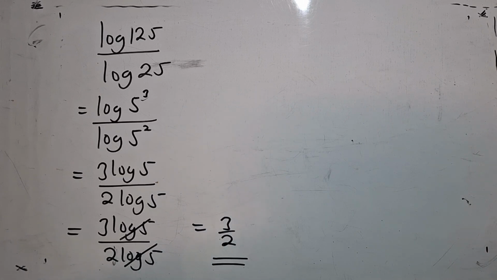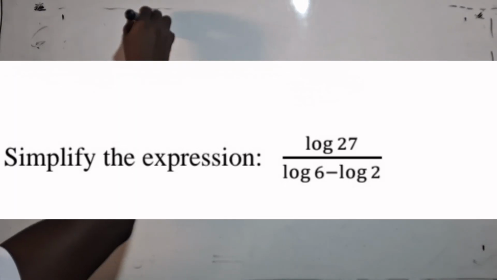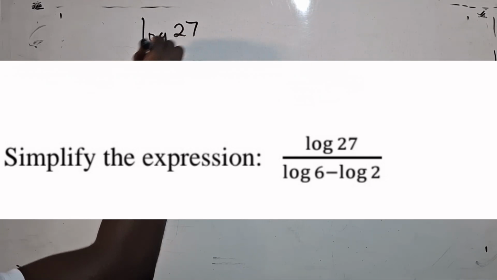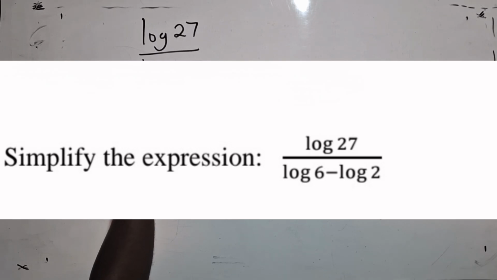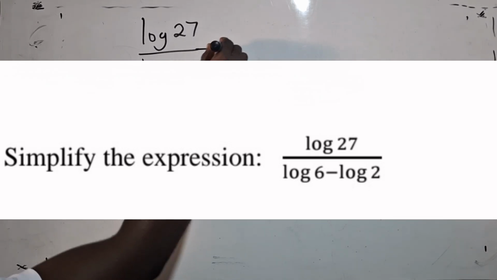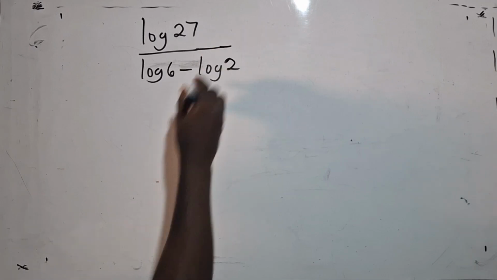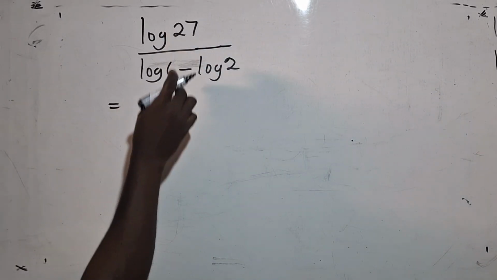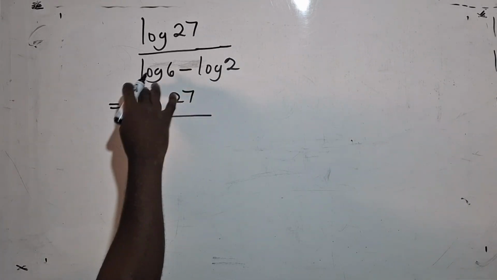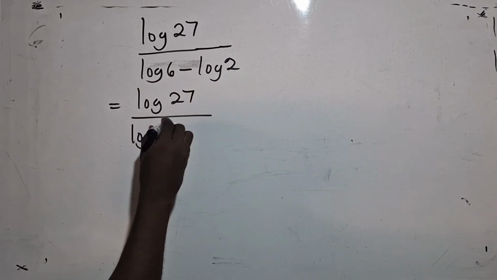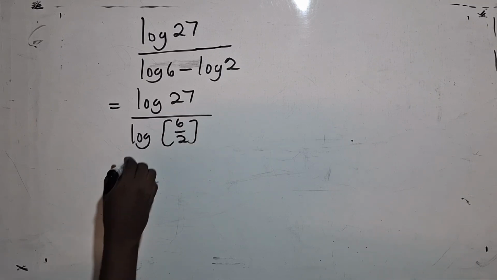We are taking the next question. We have to simplify log 27 over log to the base 6 minus log to the base 2. Yes, the log 27 is the numerator. So we have log 27, then the down one, they are subtracting, so they are going to divide 6 on 2.